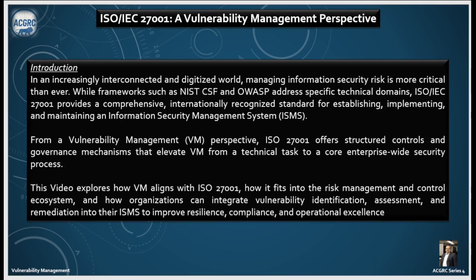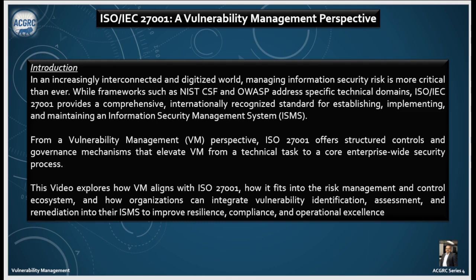In simple language, in today's digital world, keeping information secure is more than just installing antivirus software or patching a few servers. It's about building a structured, organization-wide approach to protect data, systems, and people from threats. And that's where ISO 27001 comes in.